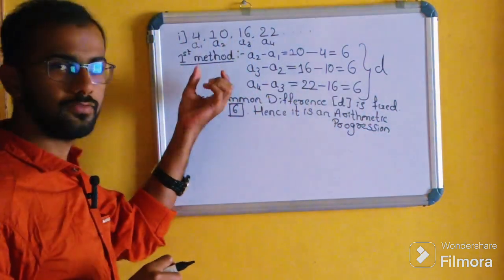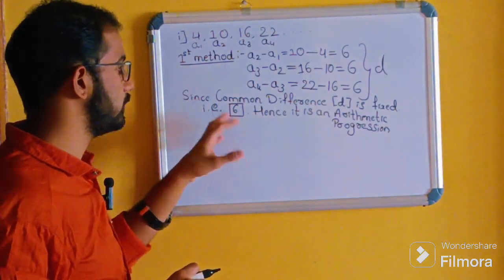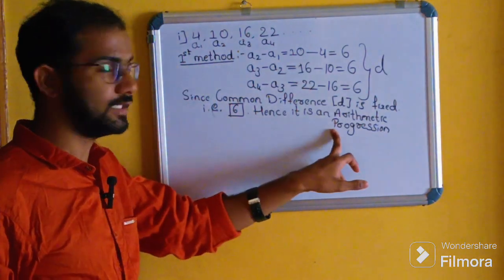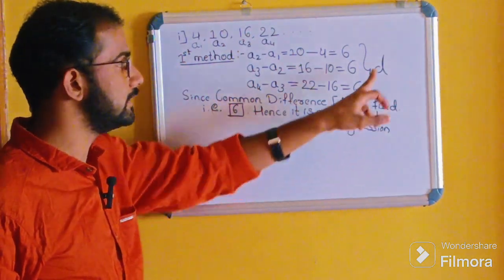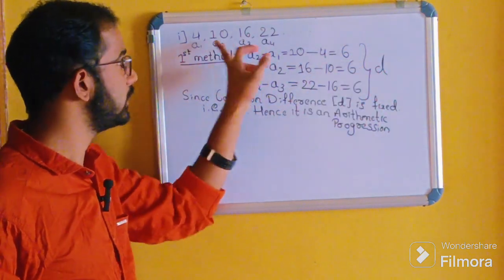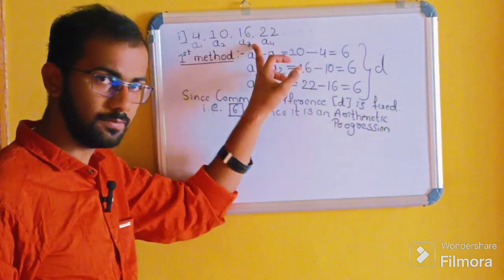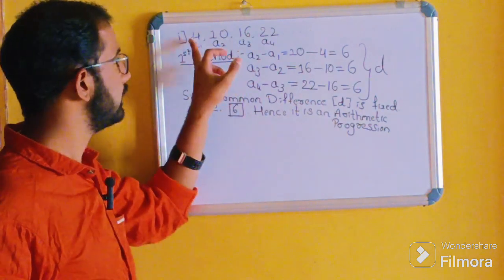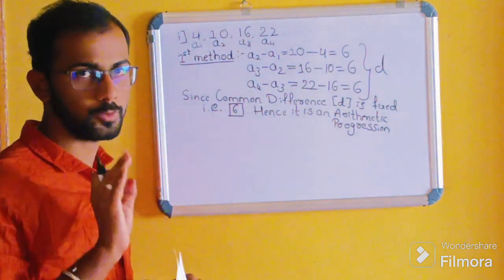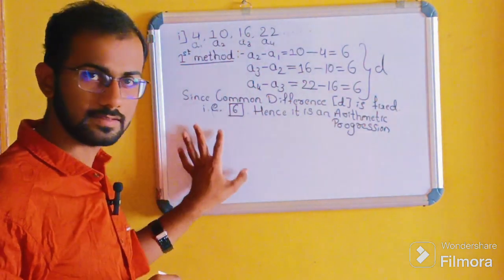Since the common difference between these numbers is the same, we can say the given sequence is an arithmetic progression. This is the first step.